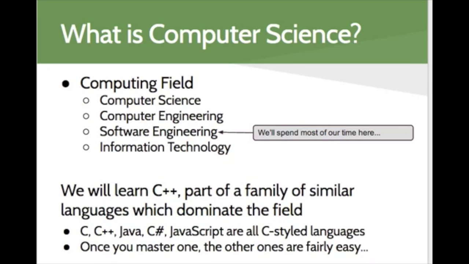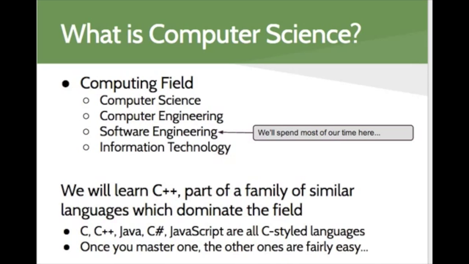We're going to learn specifically C++, which is one of a family of very similar languages that dominate the computer science field today. This would include things like C, C++, Java, C#, JavaScript. They're all languages that actually look very similar to each other. I would almost consider them different dialects.